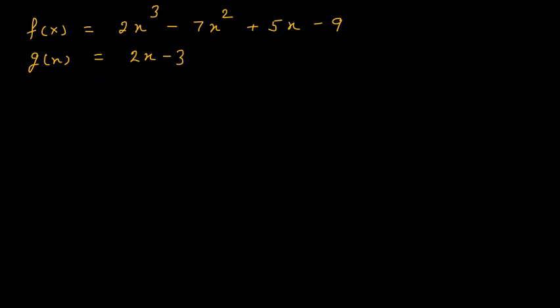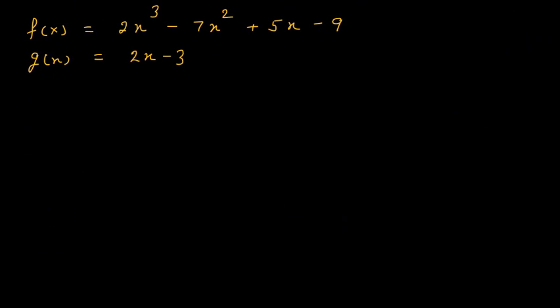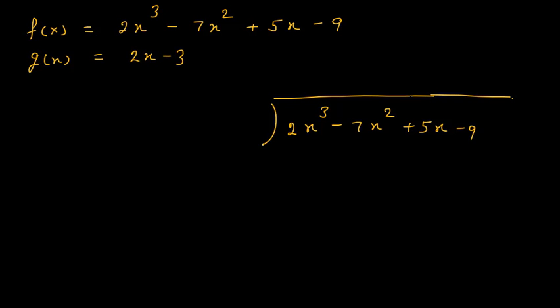So, a few rules. I will do the division as you learned in your lower classes, like this. For that, we write f(x) first. So, this is 2x cube minus 7x square plus 5x minus 9. Make sure that when you write f(x), the term with the highest degree is written first.